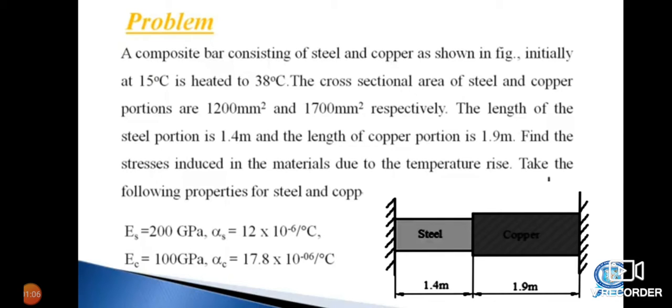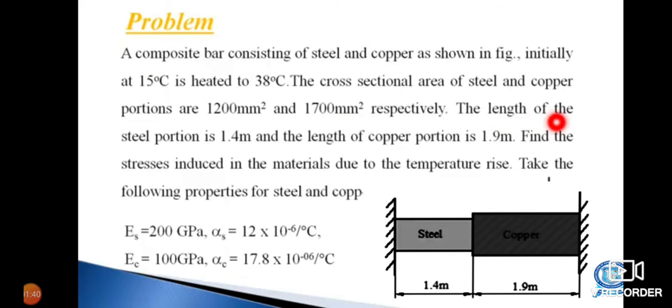That is the problem. A composite bar consists of steel and copper as shown in the figure. Initially at 15 degrees Celsius, it is heated to 38 degrees Celsius. The cross-sectional areas of the steel and copper portions are 1200 millimeter square and 1700 millimeter square respectively.